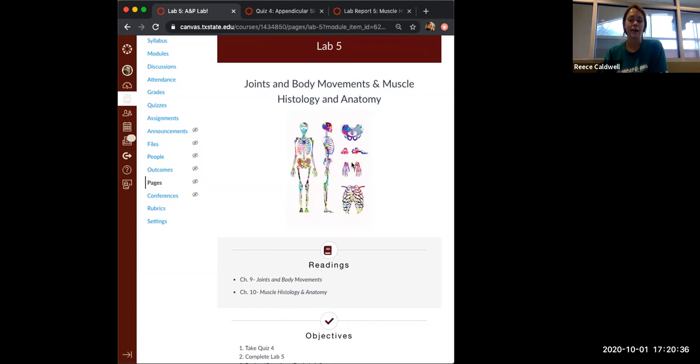So we're going to be looking at the actual muscle cells, the differentiating characteristics, and how a muscle cell actually functions. Next week, we'll be looking at where the muscles are located, like the biceps brachii, the triceps, all of that. This week, we're just looking at the histology, or the study of the tissue.